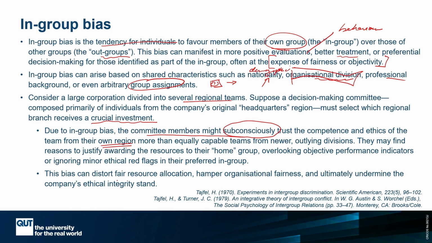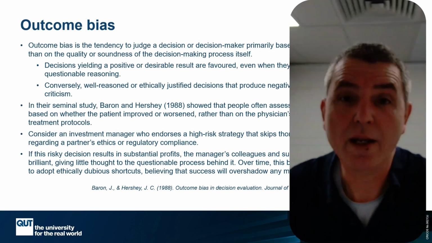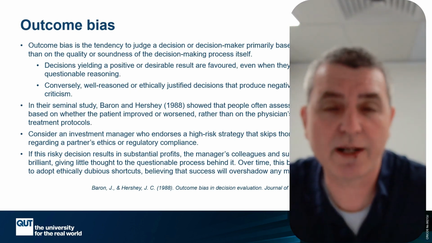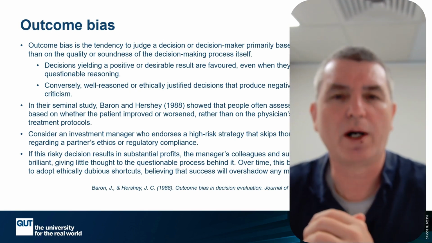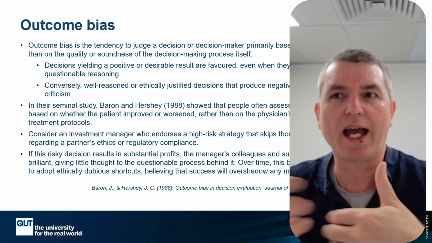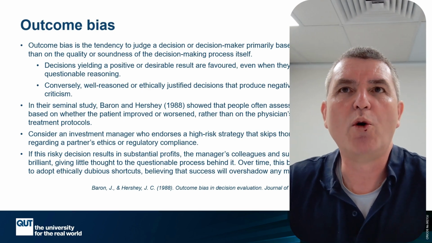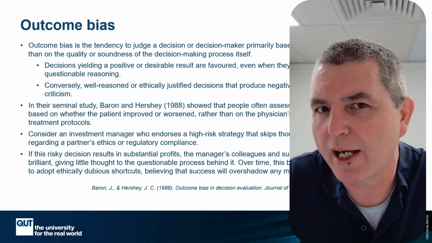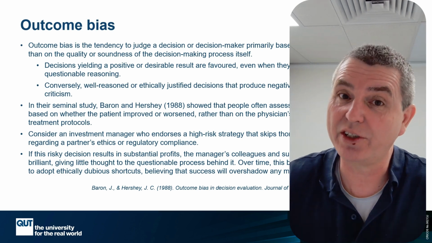And in organisations, that can distort where you put resources, can undermine fairness and even the ethical integrity stand that companies take. A third kind of bias is outcome bias. Outcome bias is simply the problem of judging an action or decision more heavily based on the outcome than whether it was a good decision.